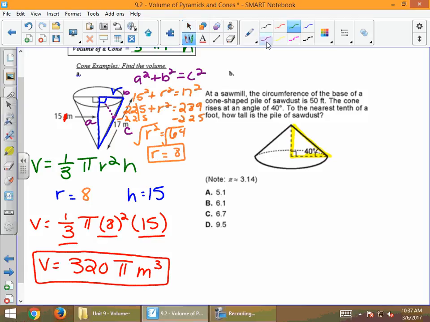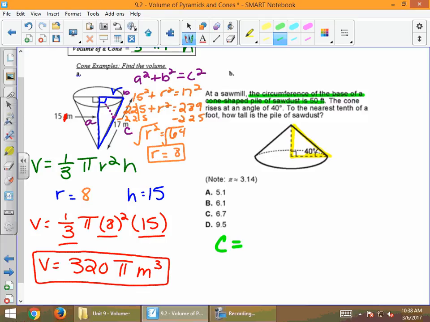And I'm going to use what they said at the beginning of the problem. The circumference of the base of a cone-shaped pile of sawdust is 50 feet. We can use that information to help us find the radius. Because what is the formula for a circumference? 2 pi r.